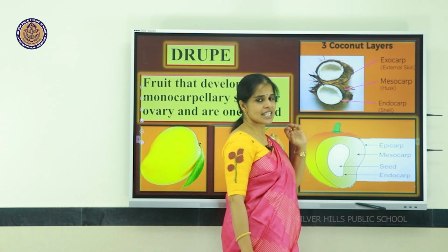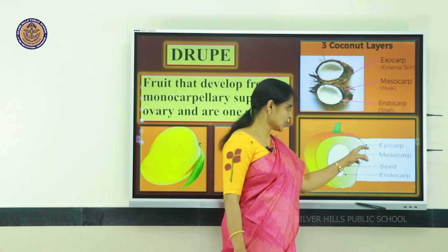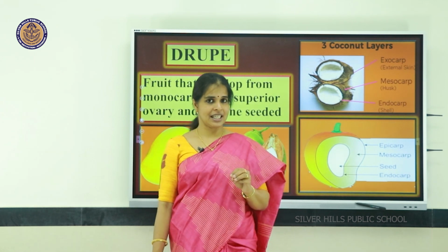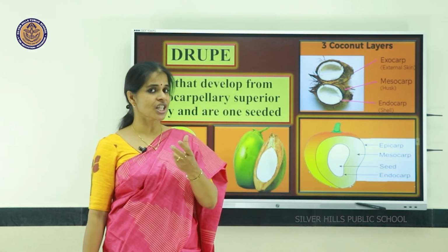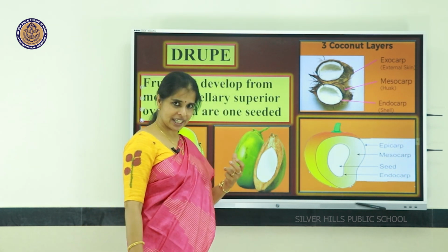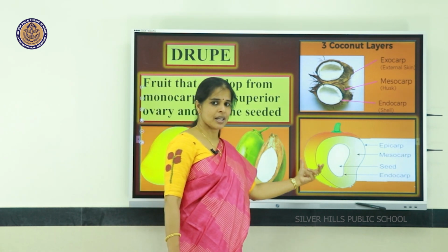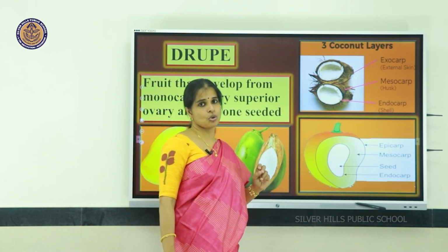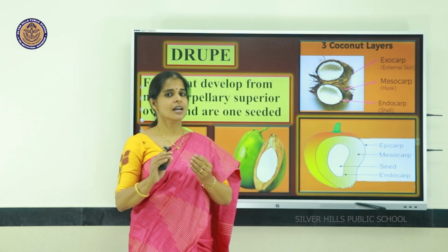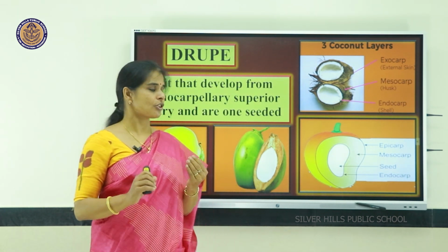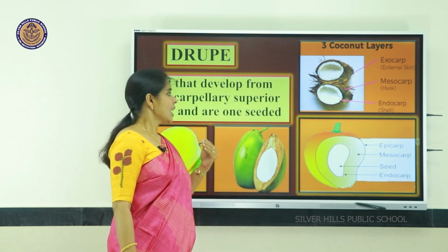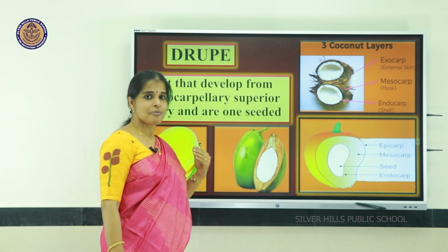Together we call it the pericarp. The outer epicarp is the fruit skin in the case of mango. The fleshy edible part of the fruit, what we eat normally, is the mesocarp. The innermost part is the endocarp, which is just the protective cover for the seed. That is in the case of mango.